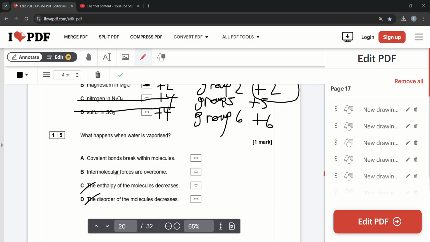So which one is it? Remember, when water is vaporized, you don't need to overcome the covalent bonds. It's the intermolecular forces that are overcome.